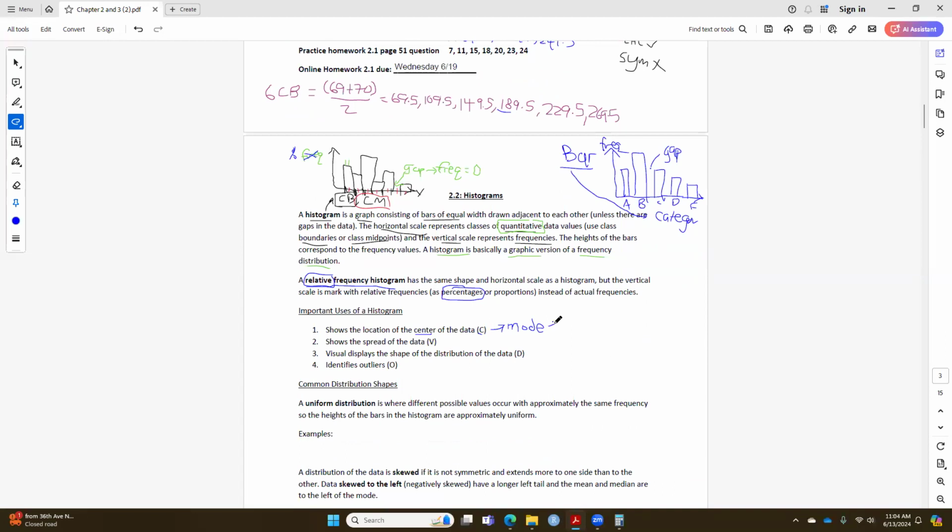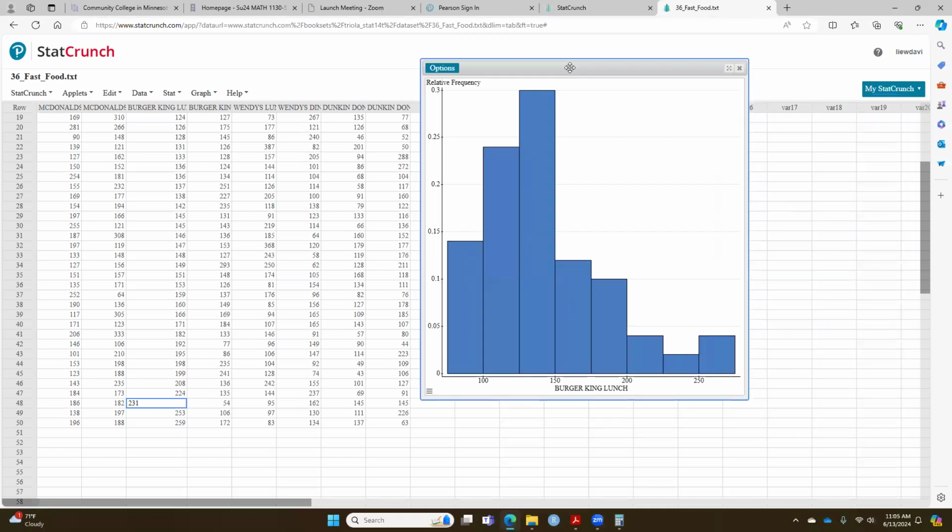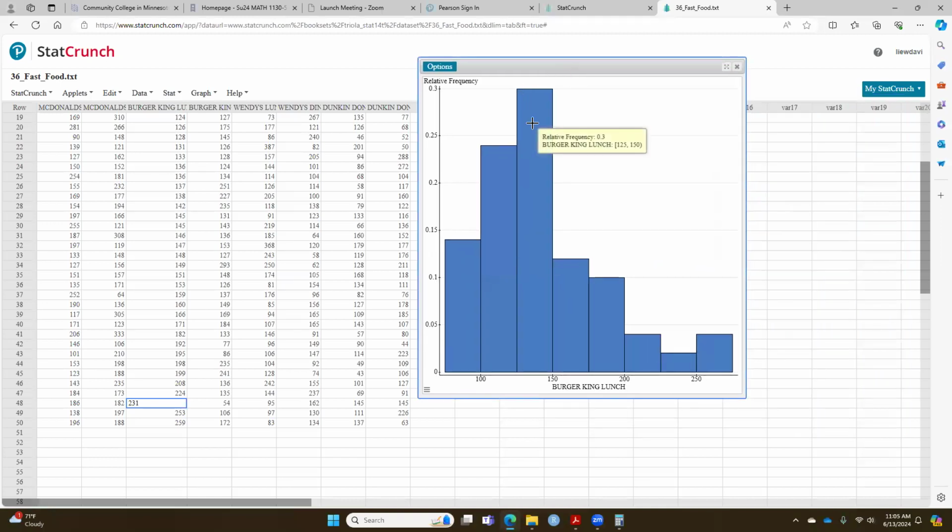Mode means the highest frequency. So for example, for the histogram that we just did in StatCrunch, we know this is the highest frequency.